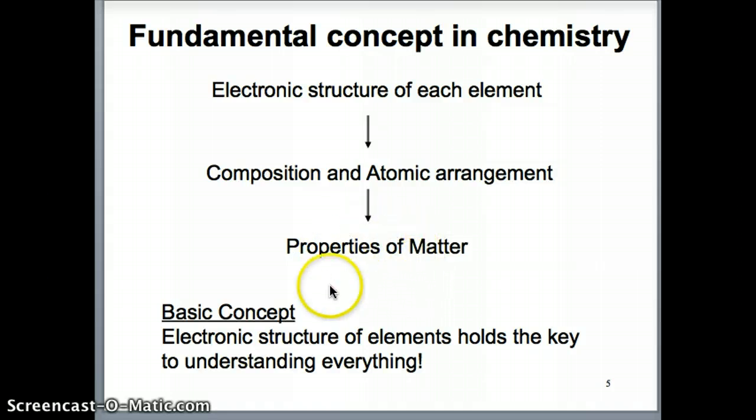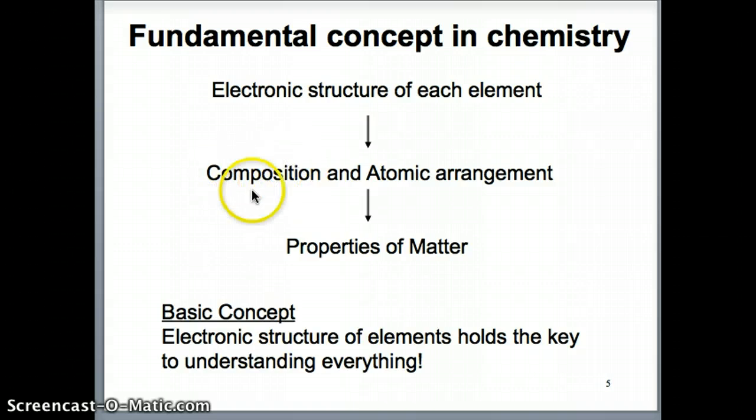In other words, whether something is flammable, whether something can react with certain substances, whether it boils at 100 degrees or 800 degrees. All of these properties of matter are related to how they're made up in terms of the atoms that make up that particular sample of matter.